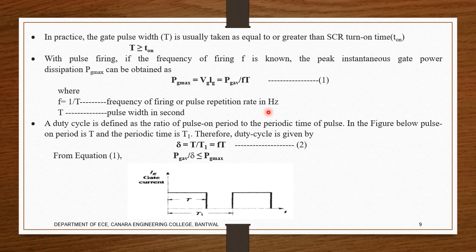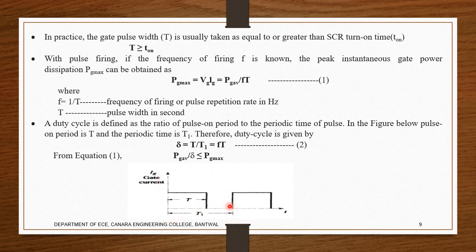Now the duty cycle is defined as the ratio of the pulse on period to the periodic time of the pulse. We can see here one duty cycle. It can be defined as delta equals T divided by T1, where T1 is one cycle.